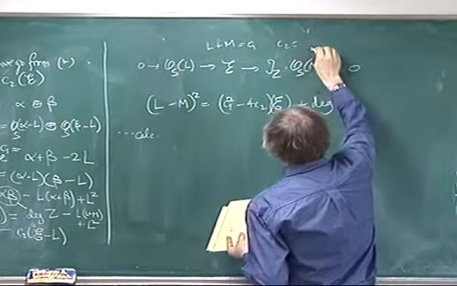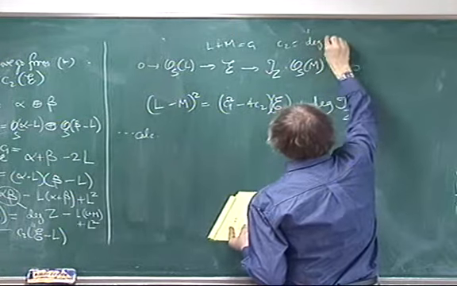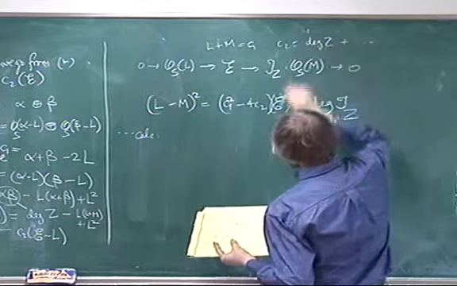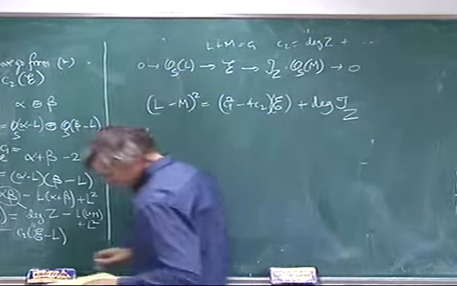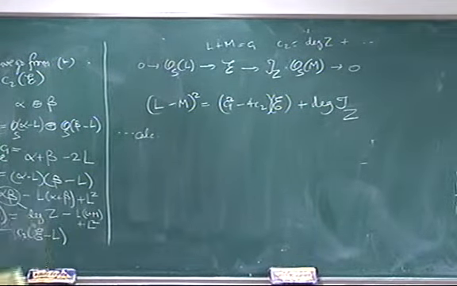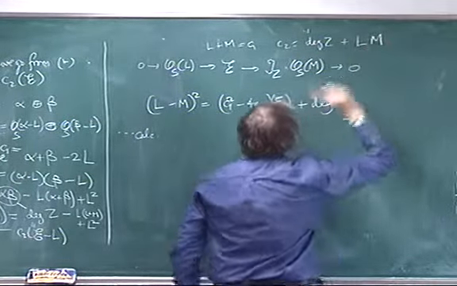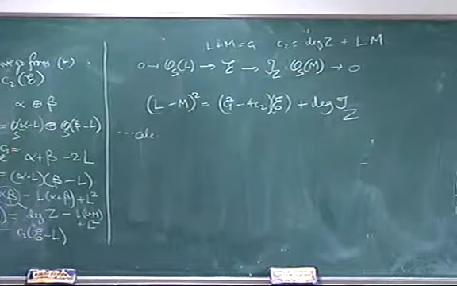So C2 is degree of Z, and then plus L squared and M squared... Sorry? Plus LM. Plus LM. Thank you. The computer did that. Yes, I confused myself.